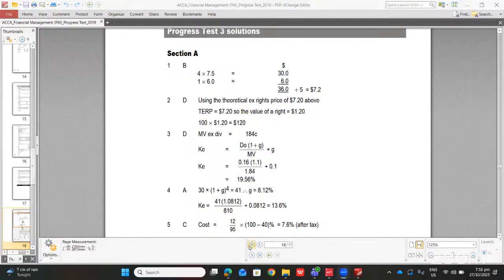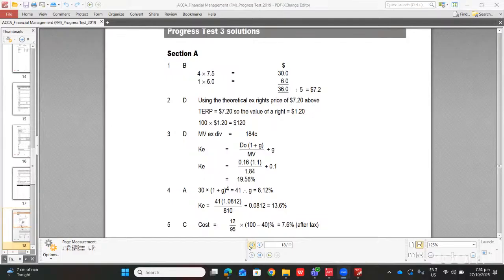What is important? 12% on, because they tell you Sultan issued its 12% irredeemable bonds at 102. That's what they issued it at, right? Okay. But normally we know that the par value of bonds is $100. So 12%, the interest will be 12% of 100 being $12, but it has to be net of tax.